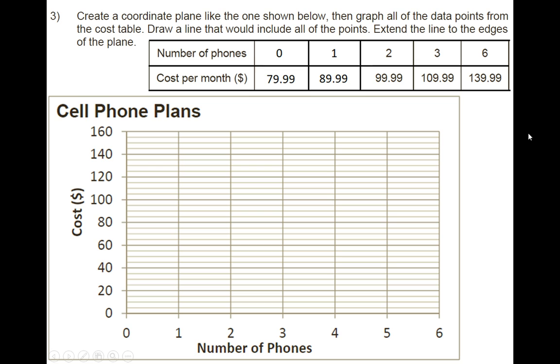It says create a coordinate plane like the one shown, then graph all the data points from the cost table, draw a line. If we did this, and I'm going to round these when I graph them, that's 80, 90, 100. That's that whole penny trick of trying to make it seem like it's less than it is. So we start here at 0, 80.